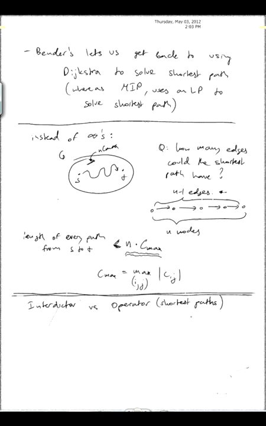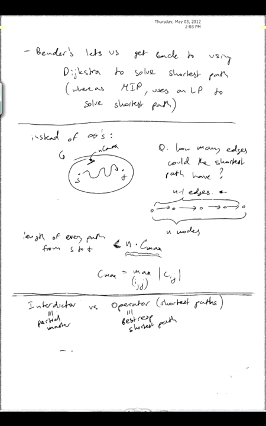For our particular example, he's solving shortest paths. And you can think of the interdictor as basically corresponding to the partial master. And the operator is kind of corresponding to that best response shortest path.